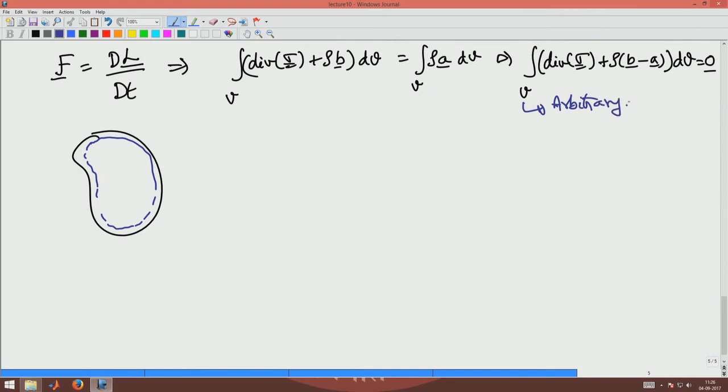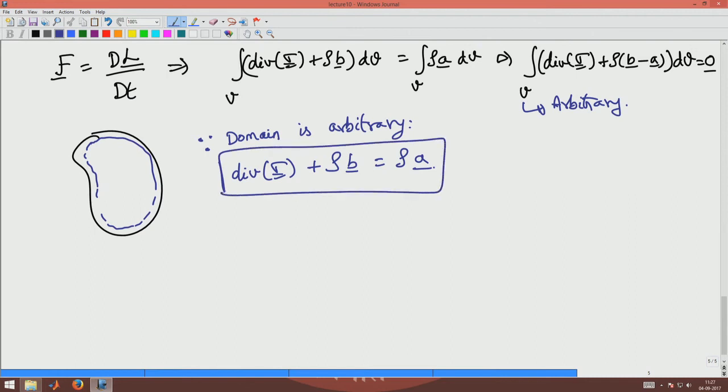Okay. Since the domain is arbitrary, what we require is divergence of sigma plus rho b must be equal to rho a. This is the force equilibrium. Okay. So, this is the force equilibrium. Next we are going to look at moment equilibrium.